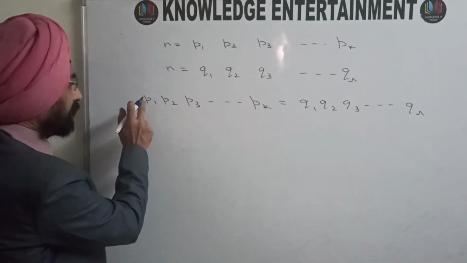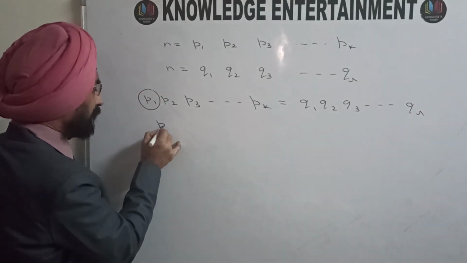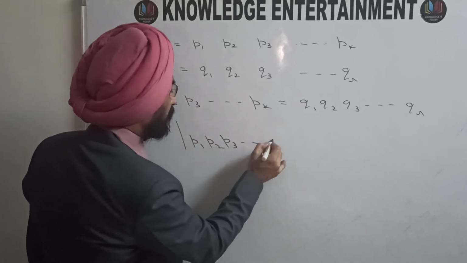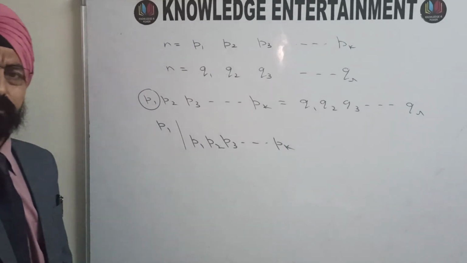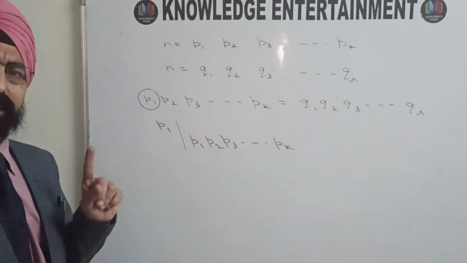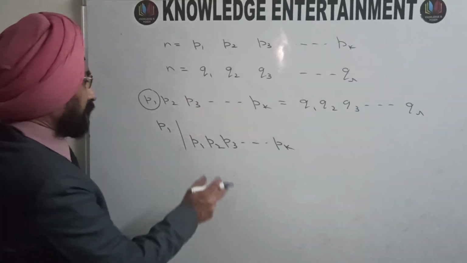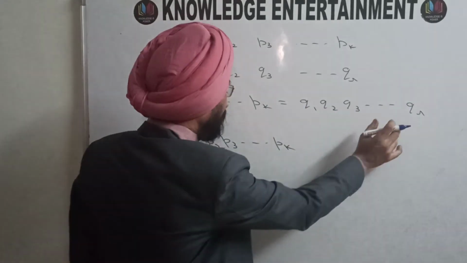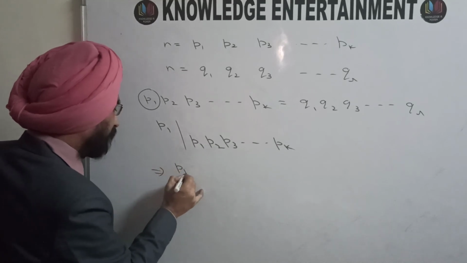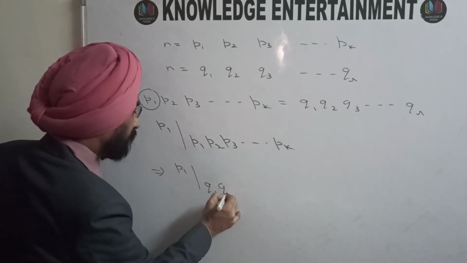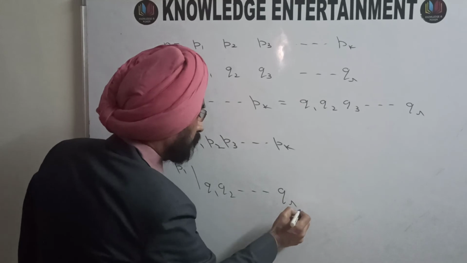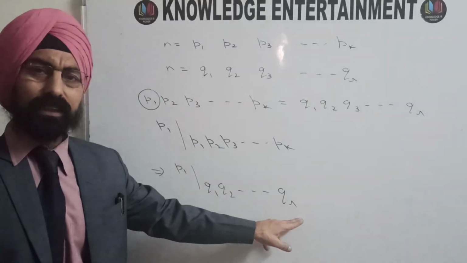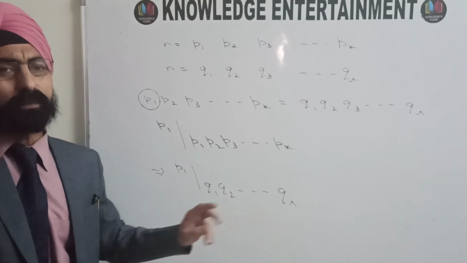Now note that this p1 divides p1, p2, p3, up to pk. It must divide these. Now, this is the same as the right hand side. So that means p1 divides q1, q2, up to qr, the product of these r prime numbers.